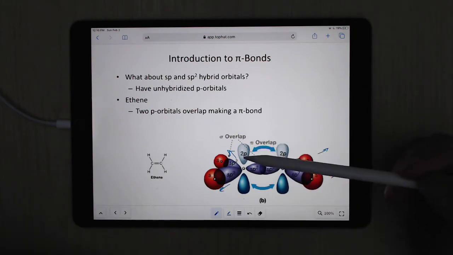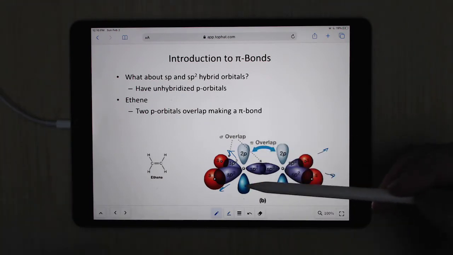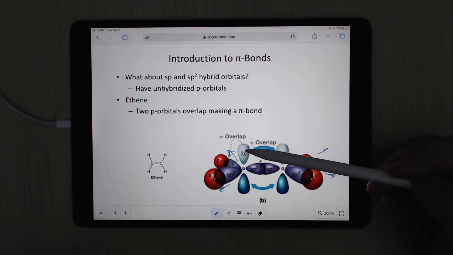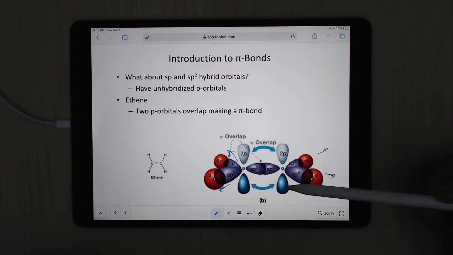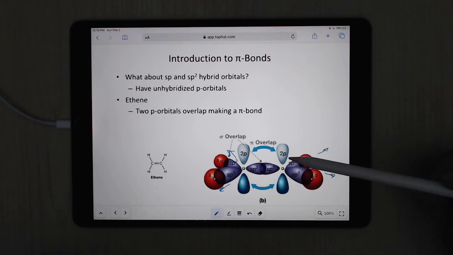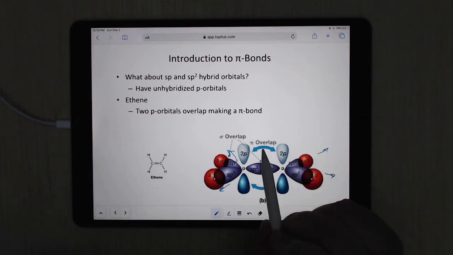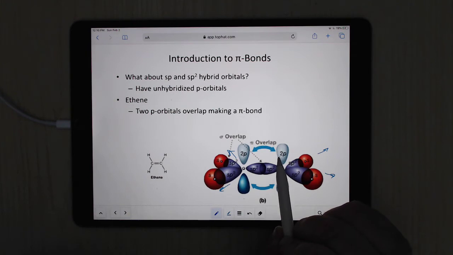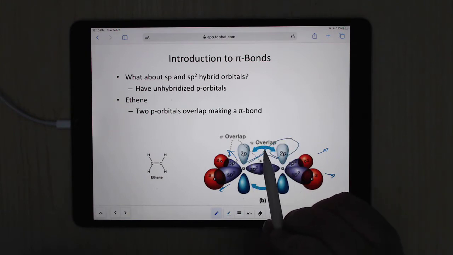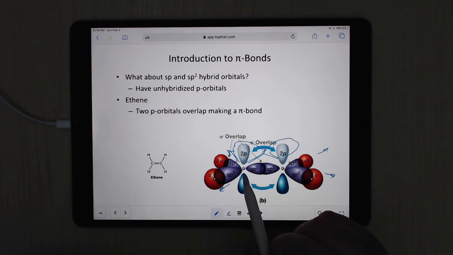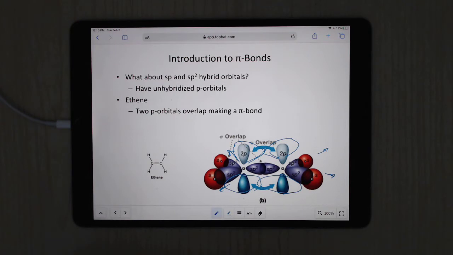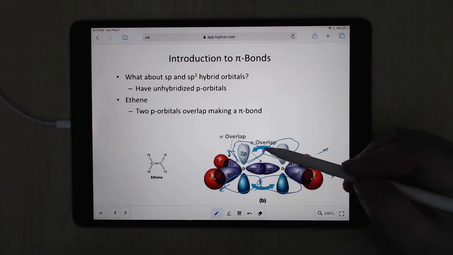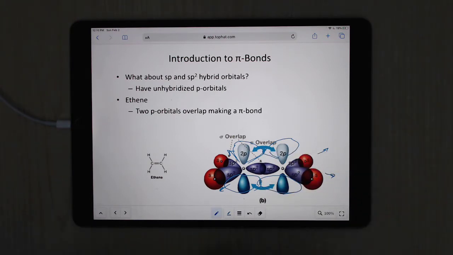It uses this unhybridized p orbital with an electron in it, and this orbital here on the other atom. If you extend this out, you can get overlap here, and here, and that allows you to have a bond.